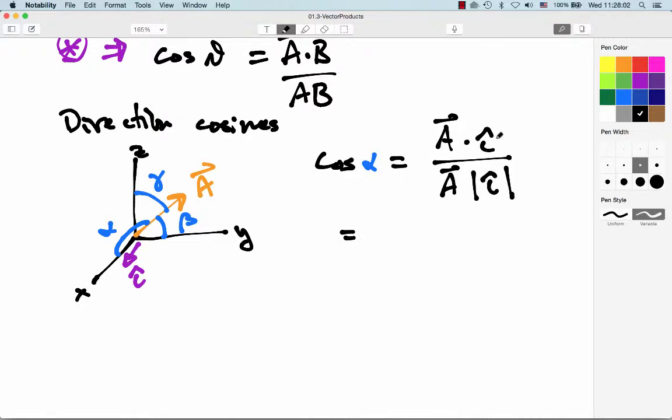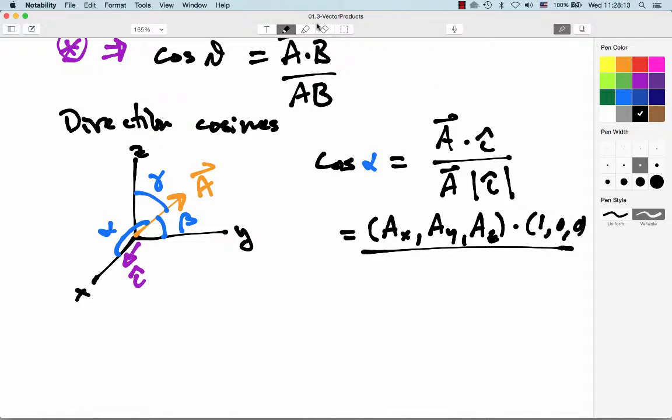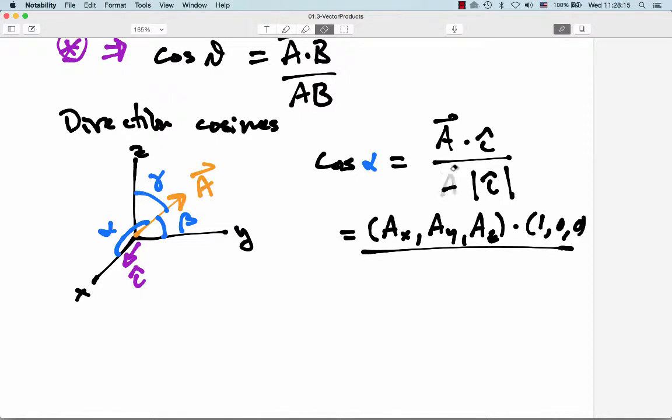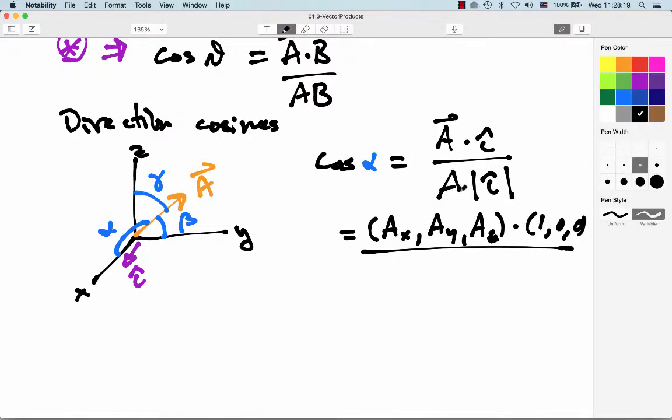We can follow that a little further. A dotted with i hat is ax, ay, az, which we'll be dotting with 1, 0, 0. We'll be dividing that by the magnitude of A, and the length of the unit vector is 1 by definition.